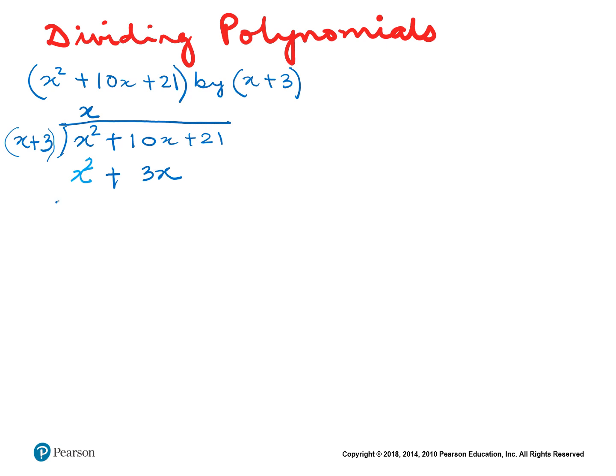And now I'm going to put a line under this, and remember what we did in arithmetic long division. We were subtracting at each step, correct? Here too, we do the same thing. So we have to subtract x squared plus 3x from x squared plus 10x.